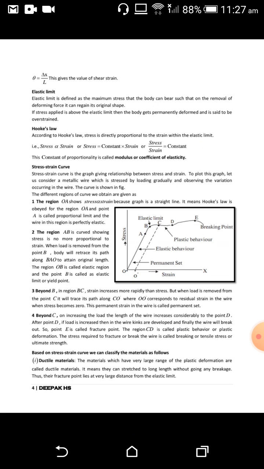When you remove that load, the wire regains its original shape. That is called elastic. That is represented by the straight line OA, where stress is directly proportional to strain.